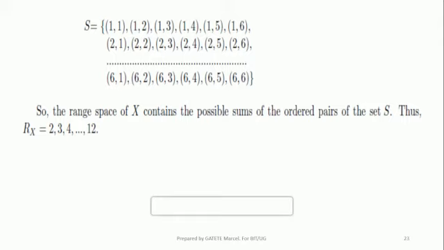The first one, 1 plus 1, will be 2. 1 plus 2 will be 3. The last one, 6 plus 6, will be 12. This is the range space of x, because we have thrown 2 dice at the same time.